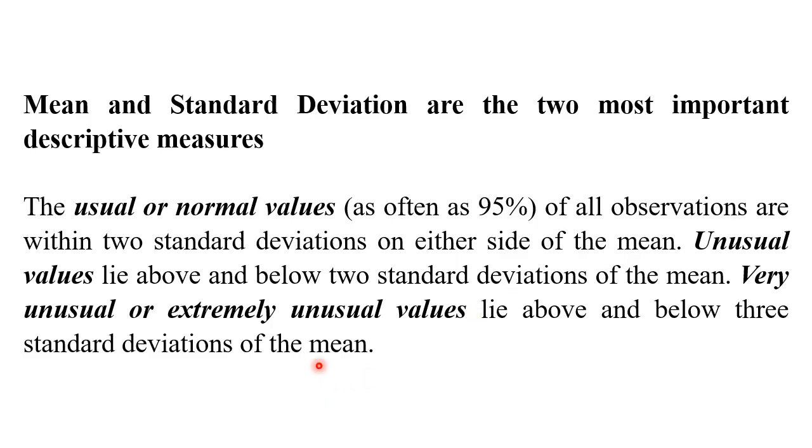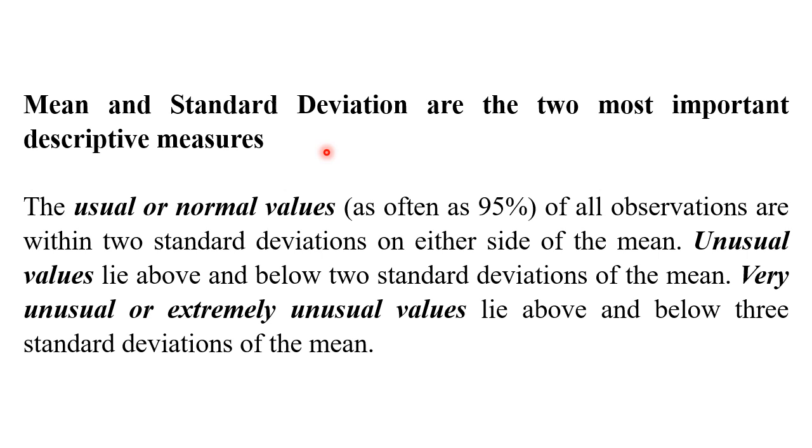When we say normal or usual values, again, we need to find the mean and the standard deviation of our sample data. Because we always use the mean and the standard deviation, we could say that they are the two most important descriptive measures, because there are lots of applications that we can use just based on the mean and the standard deviation.